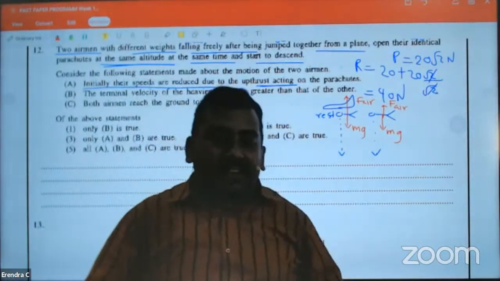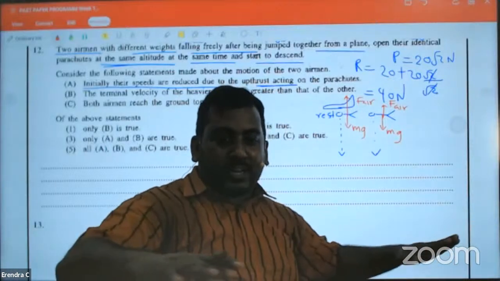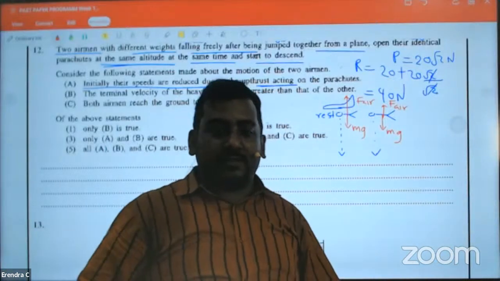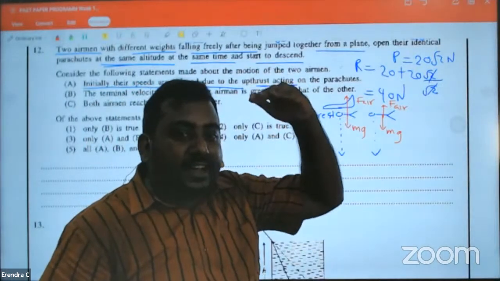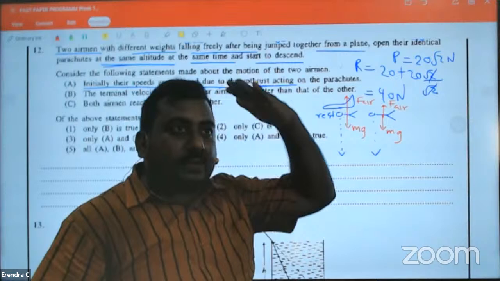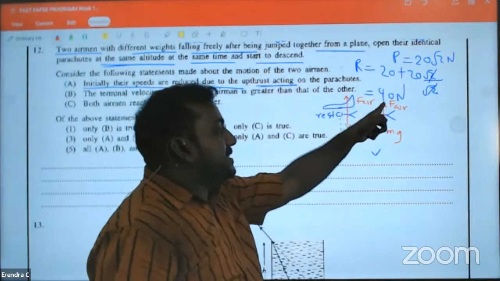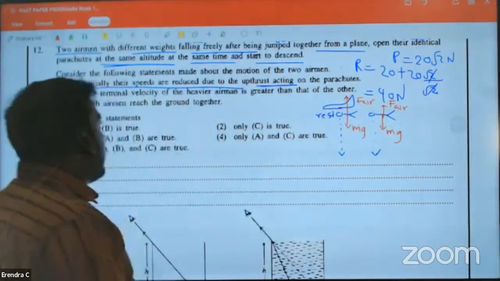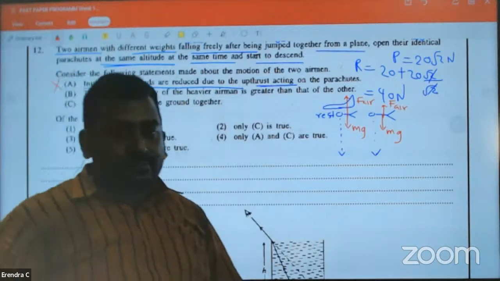If you watch Discovery, they jump out of the plane, they do somersaults, they are moving from here to here. That means they reach something called a terminal velocity, that means constant velocity. That means initially air resistance is only slowing them down, not upthrust. Statement A is wrong.